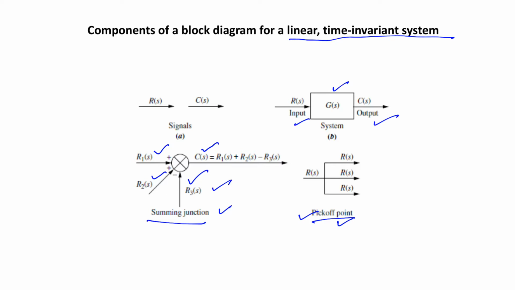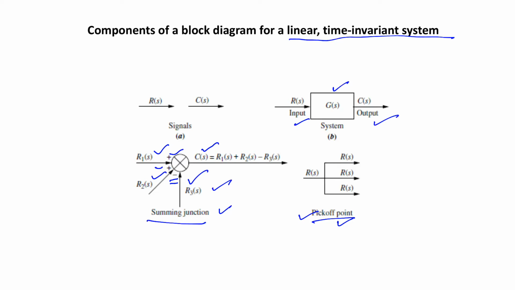That is, output C(s) equals R1(s) plus R2(s) minus R3(s). Minus is because here we have the negative, here it is positive, and here it is positive. However, we have three signals here, but many signals could be there, and we get the output like that only. That is, C(s) is the sum of all the signals at this summing junction.